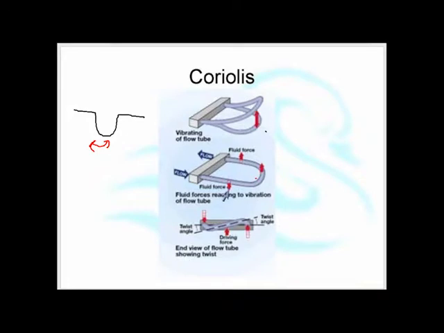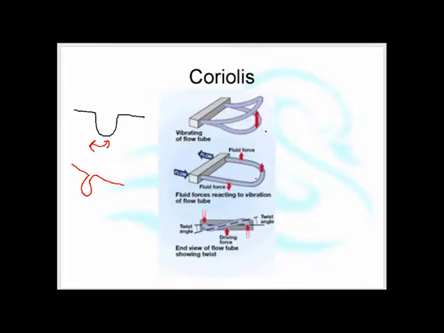If, on the other hand, there is flow in that pipe, then what happens, looking at it from the end, is the pipe twists. So the pipe ends up twisting, kind of twists out of shape. And if we measure the twisting angle of that pipe, then we know how much flow there is in that pipe.